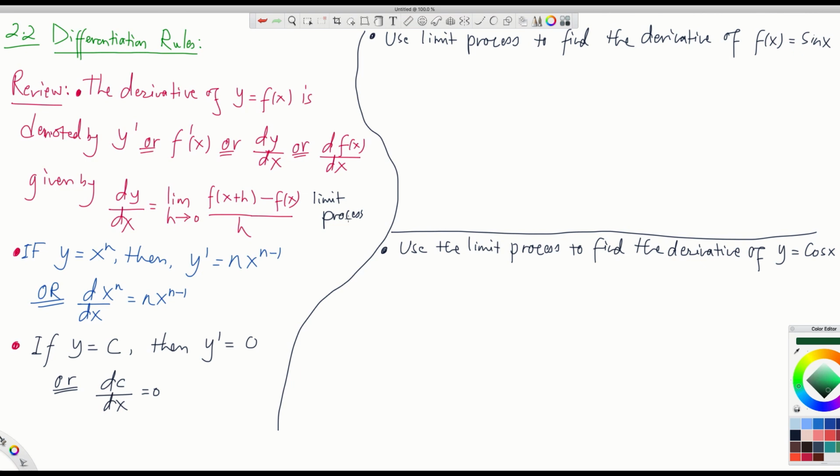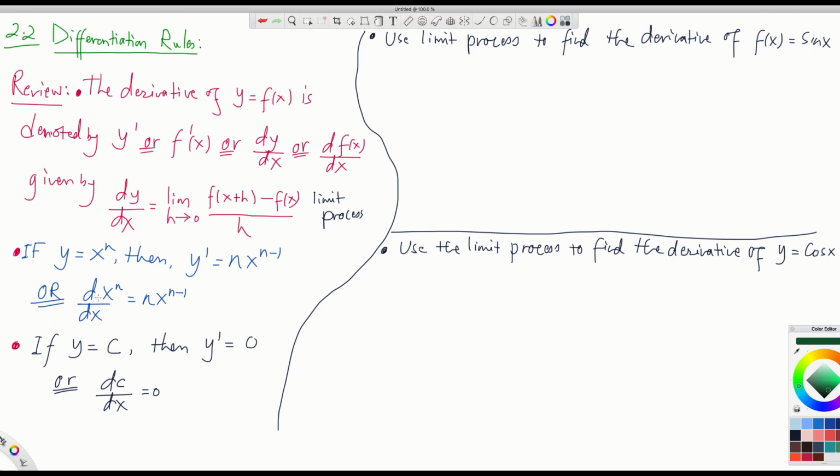Also last time, if y equals x to the n, if there is just x and some exponent of x, with no number before x and no number below x in the denominator, then the derivative is y prime equals that exponent goes to the front, n, and then x to the power one less than that exponent, that is n x to the n minus 1.